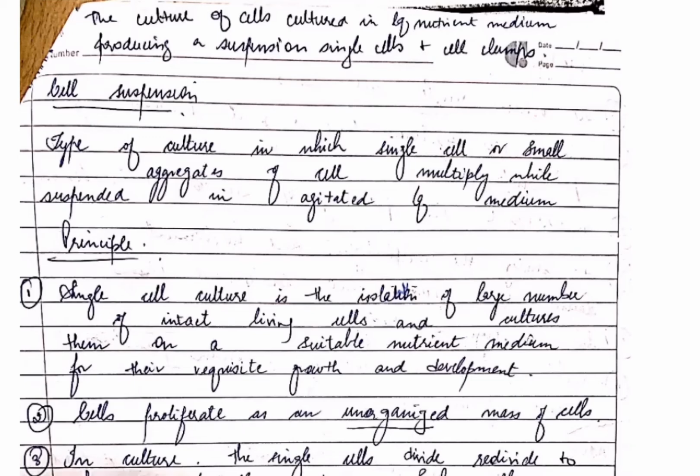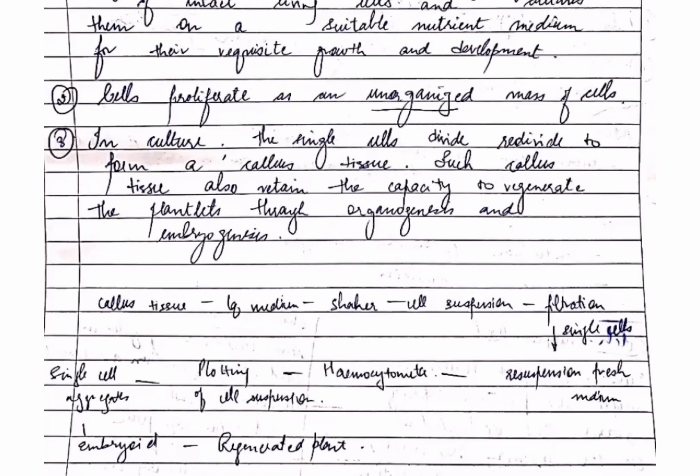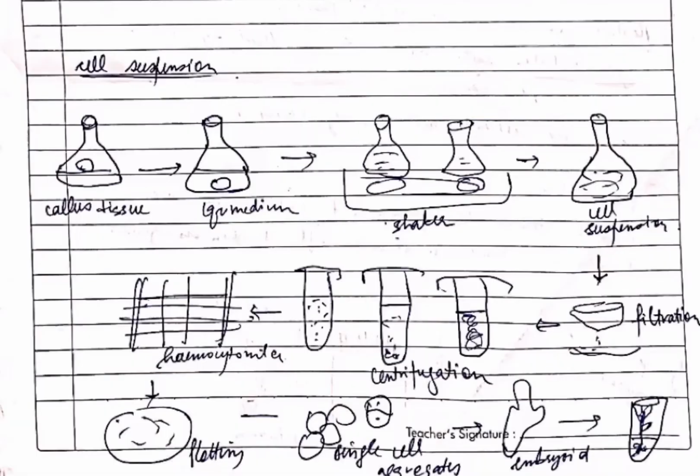The main principle is that the cells proliferate as an unorganized mass of cells. That means they grow in an unorganized way. The cells redivide to form a callus tissue, and that callus tissue also retains the capacity to regenerate plantlets through organogenesis or embryogenesis. I have drawn the diagram for cell suspension and how it is performed.